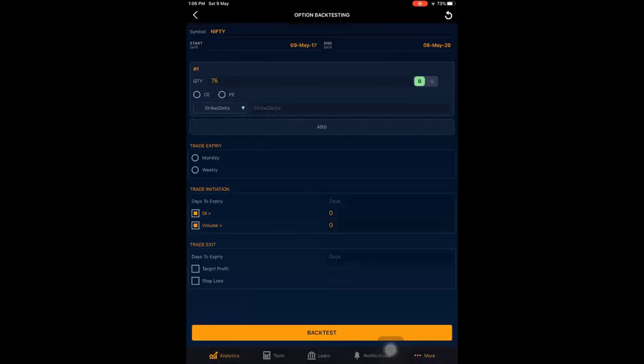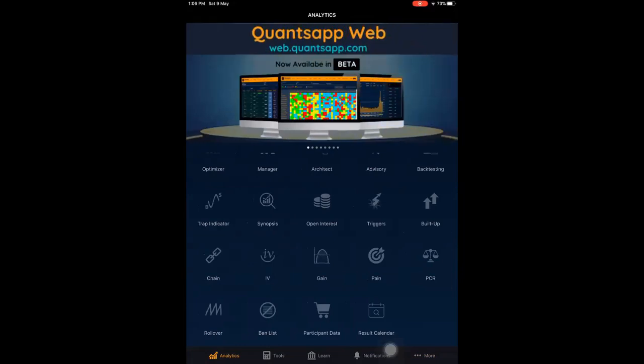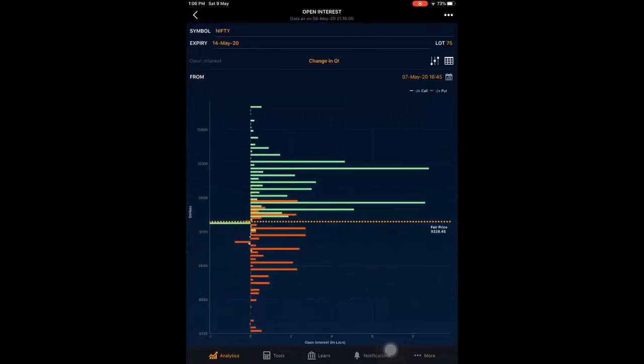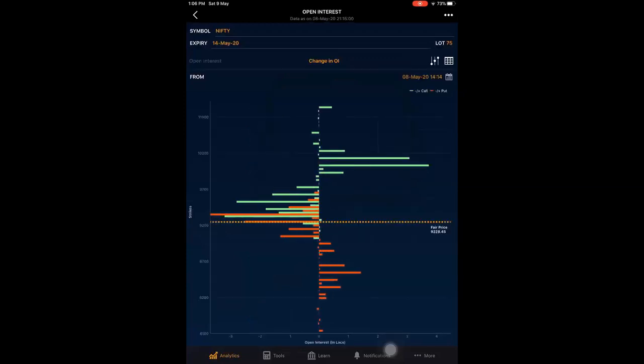One more important thing is that the entire Quantsapp application is deep linked. That means you can share any strategy with any of your friends with the same indicators, with the same settings. So for instance, I'm looking at open interest for Nifty, the change in OI, time wise, and I want to show my friend that on 8th May from 2:15 p.m. there was a significant change in the entire OI.